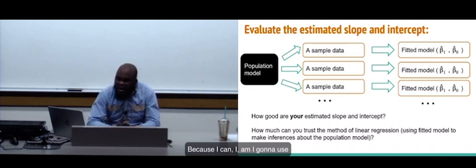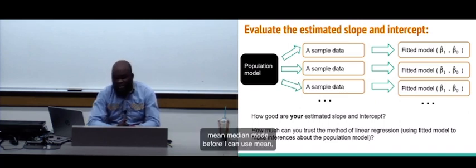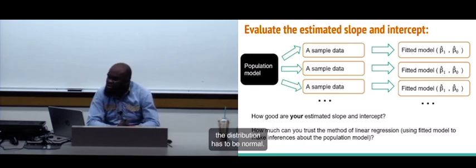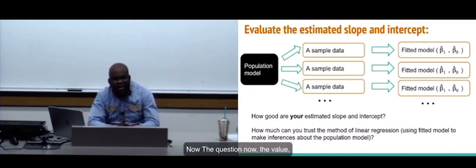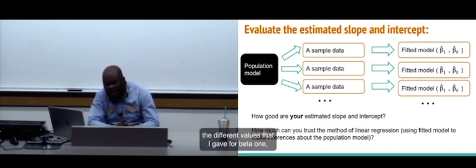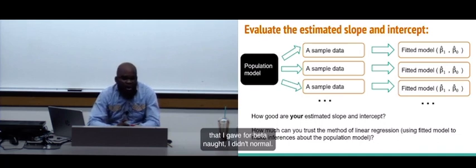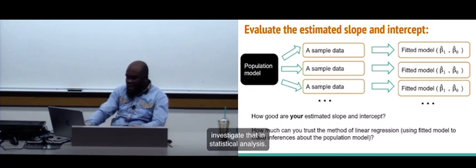Am I going to use mean or median or mode? Before I can use the mean, the distribution has to be normal, right? Now the question: the different values that I get for beta 1 and beta naught, are they normal? Of course, we have a way to investigate that in statistical analysis.